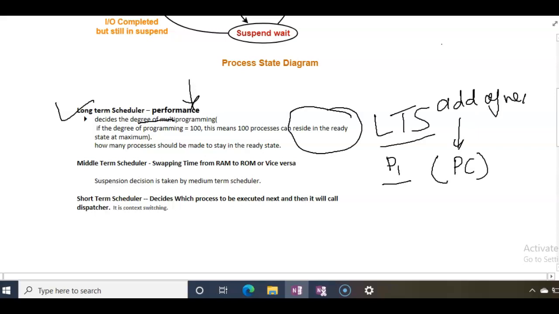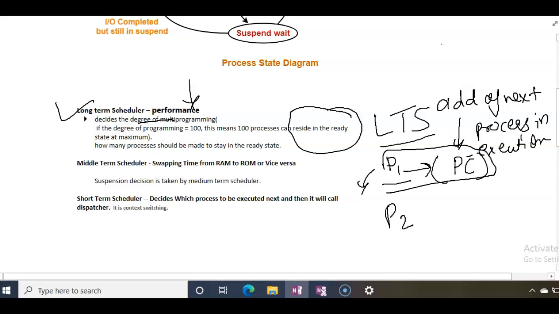So P1 has some program counter which says after P1 which process to execute. But at that time you preempt this process and you go to P2. Then what happens? The dispatcher saves the state of P1.